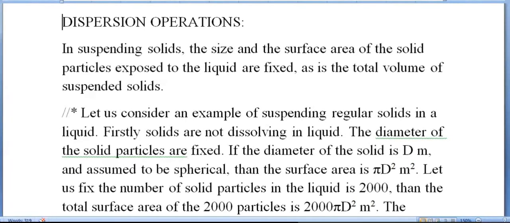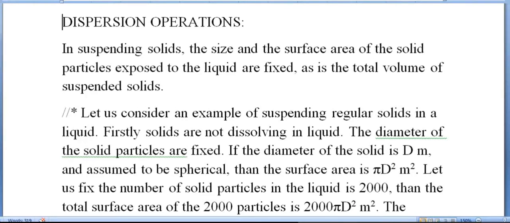Because on this surface only, the gas will come, and then on the surface, it reacts with the liquid to form a product. So for us, a catalyst should be in a position to expose more to the liquid.